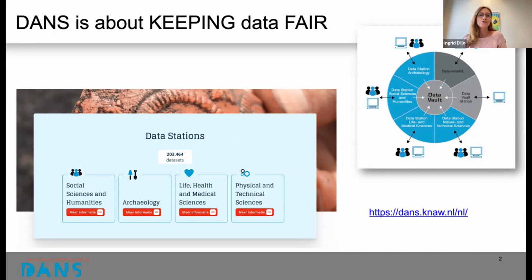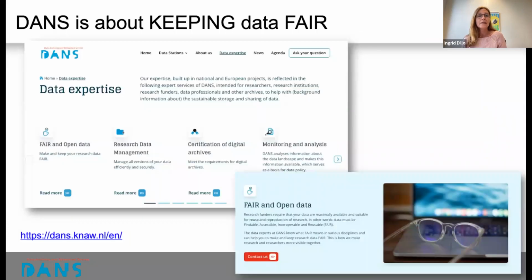On the next slide, you can see the other leg of DANS, and that is the leg of the Center of Expertise that DANS also is. Within DANS, we have a large team of research data experts, and they provide expertise. This can happen more on a one-on-one basis, but for a big part it also happens in the context of both national and European projects.